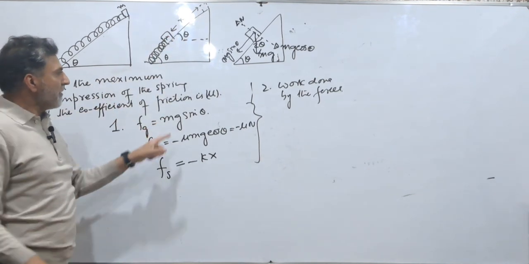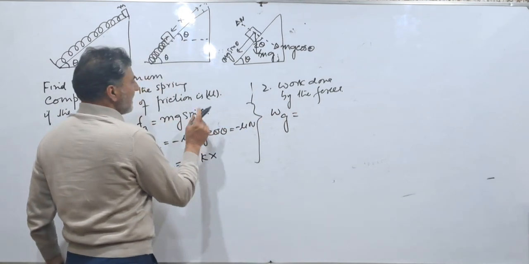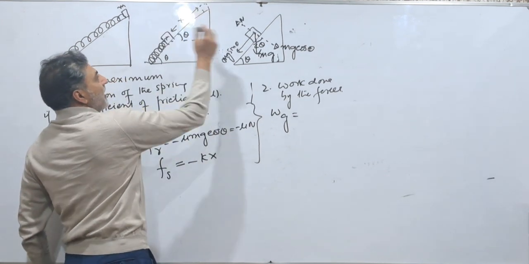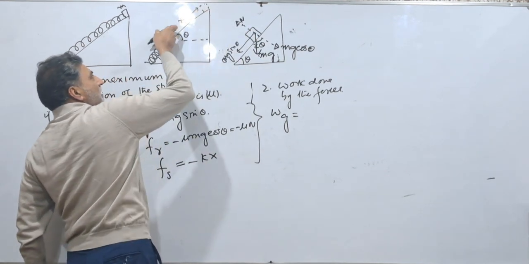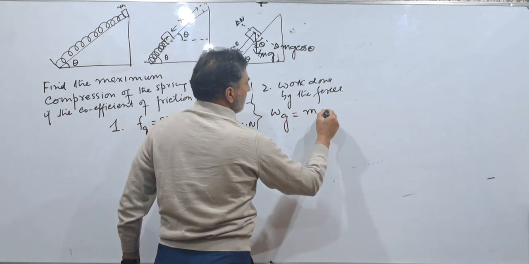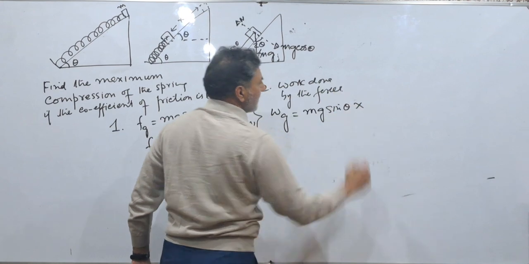What is the work done by gravitational force? That is mg sin theta, a constant force, into this x, along the same direction, therefore it is mg sin theta into x.